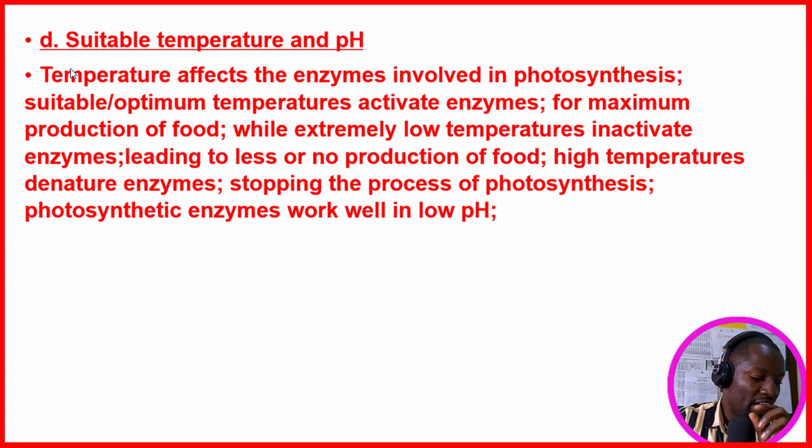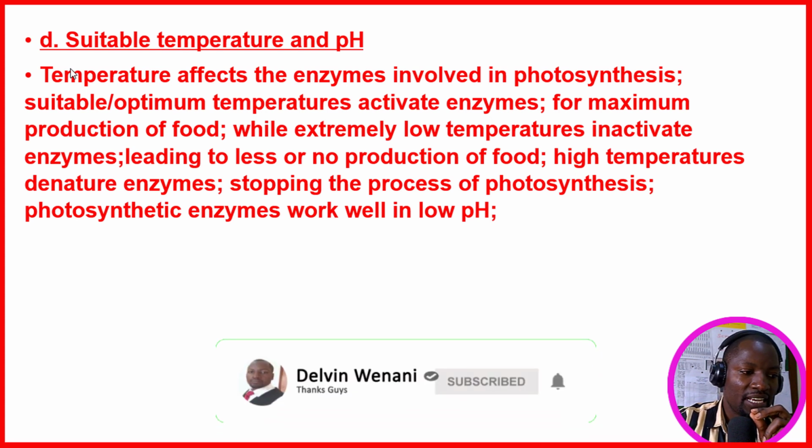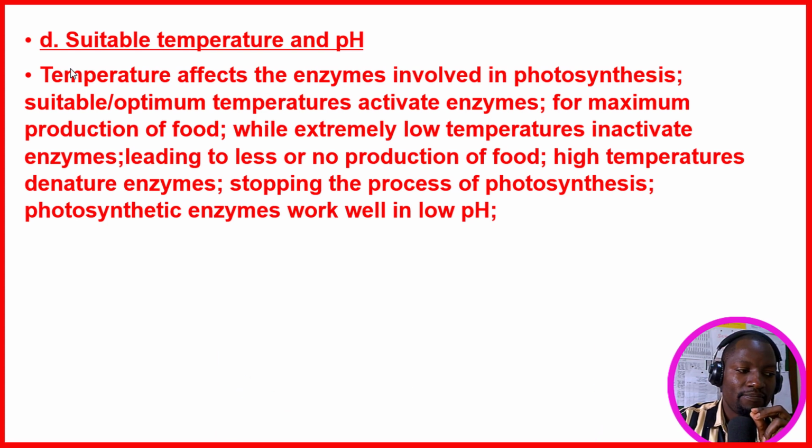Optimum temperature will activate the enzymes for maximum production of food, while extremely low temperatures will inactivate enzymes, leading to less or no production of food. But high temperatures denature enzymes. And this will stop the process of photosynthesis. Photosynthetic enzymes work well in low pH.